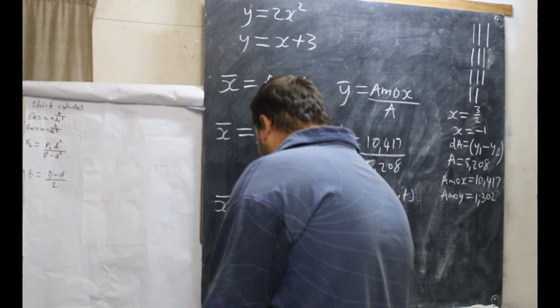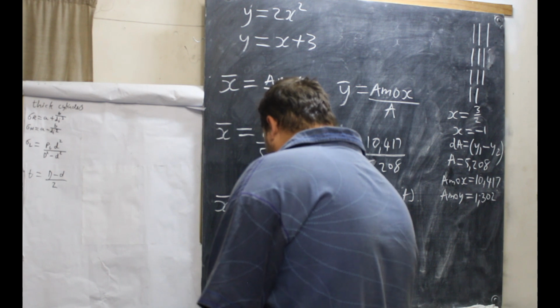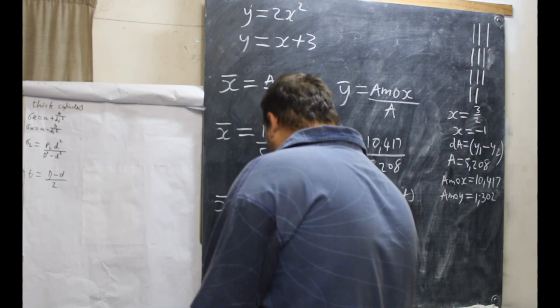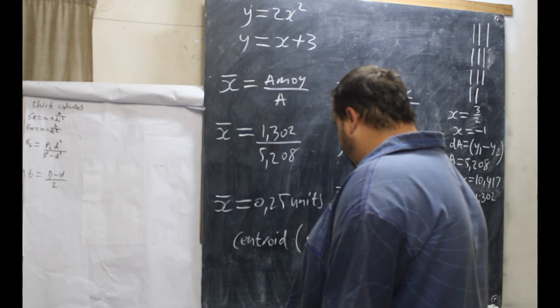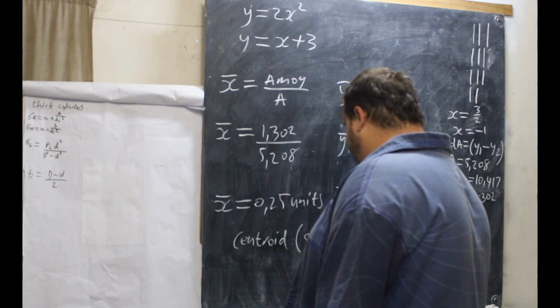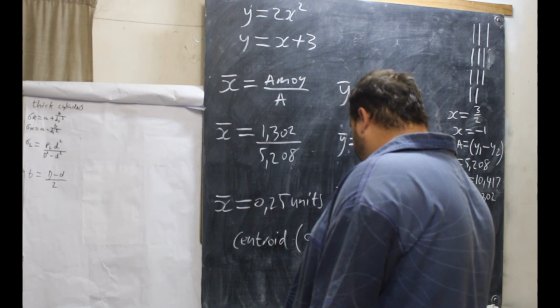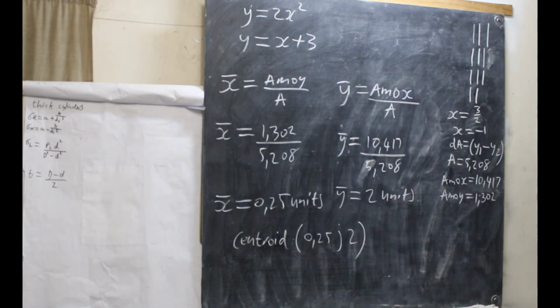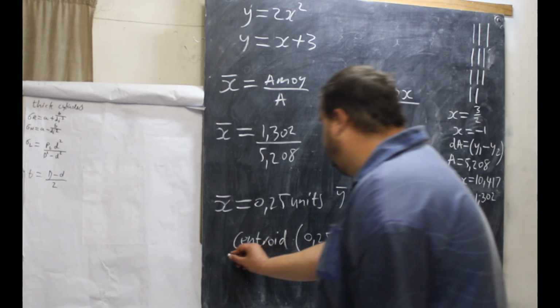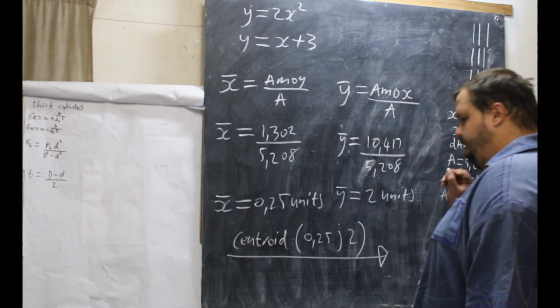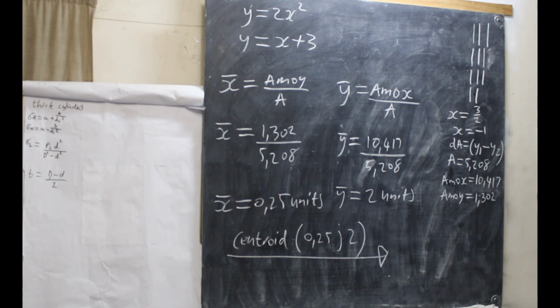The centroid finally is 0.25 and 2. So that is our final answer. And that was phase 4.